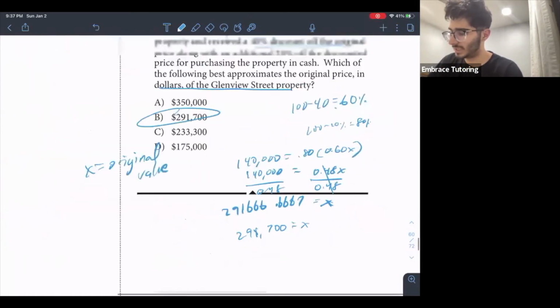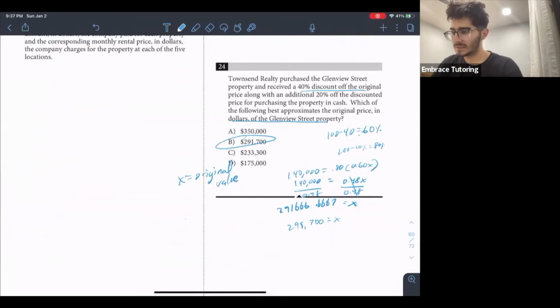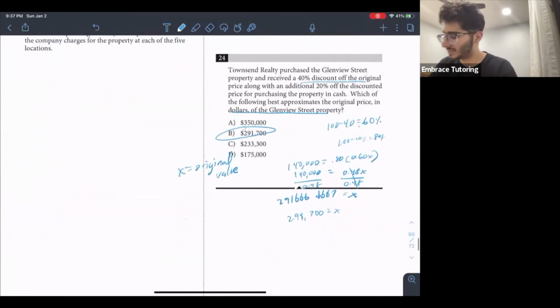So that is choice B. Yeah, 24 is choice B. That's how you do this problem for 24.